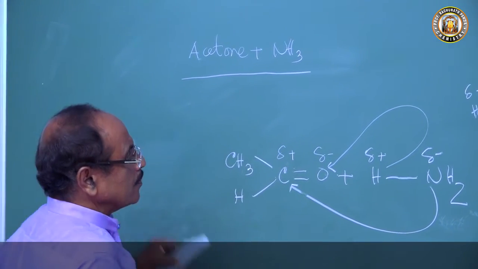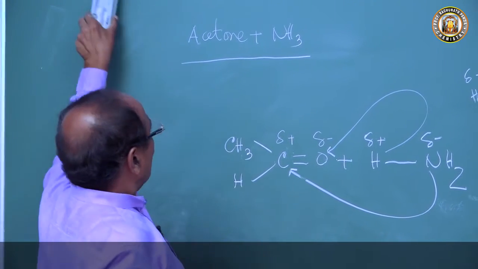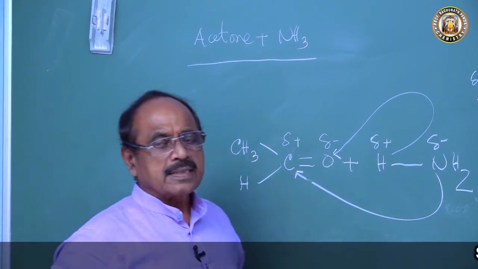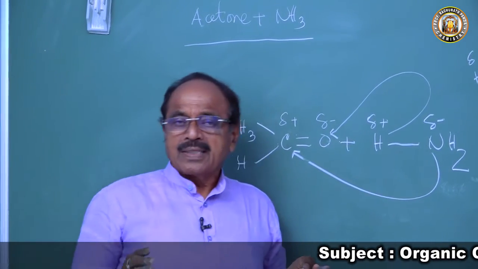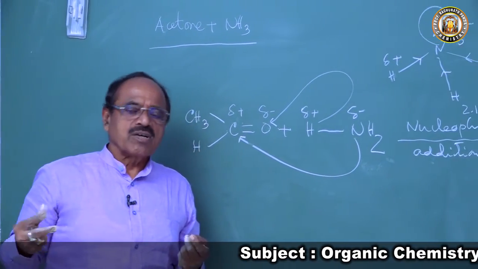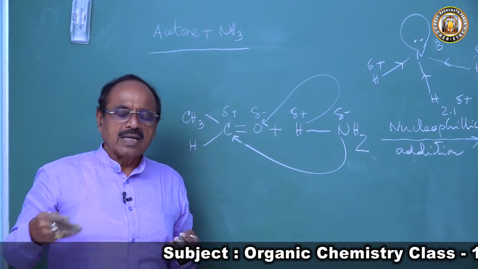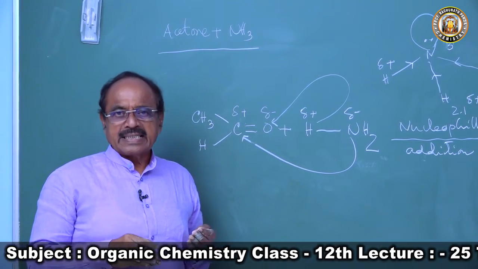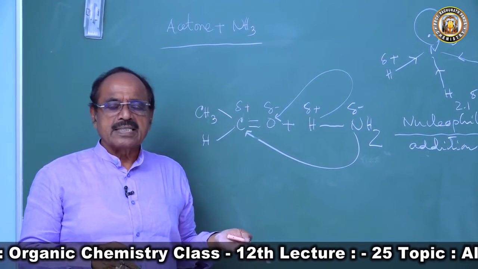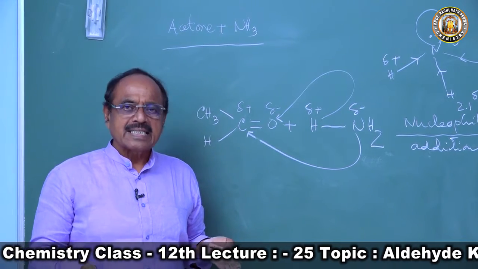So the reaction is a little different. I told you, all these are nucleophilic addition reactions. When I discussed the structure, I explained that with the increase of alkyl groups, the plus I inductive effect increases and the positive charge density upon the carbon decreases.